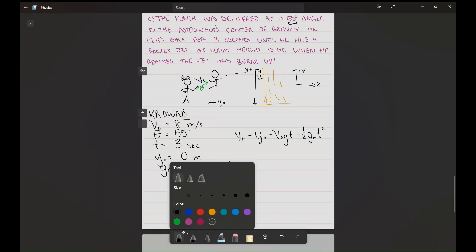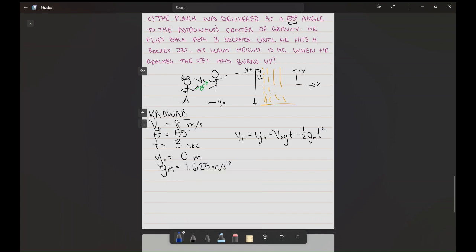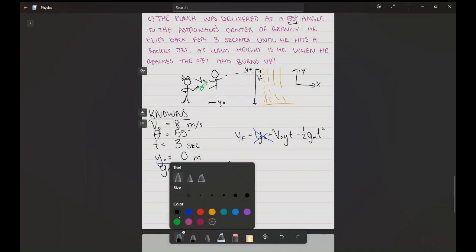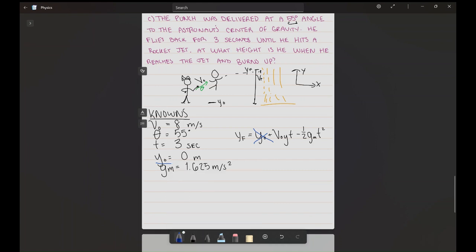Now we can take away any zeros. Our only zero is with our y naught, so we can cross that out. I'm going to keep it in blue to separate it from the rest. We have y final equals v naught y t minus 1/2 g m t squared.